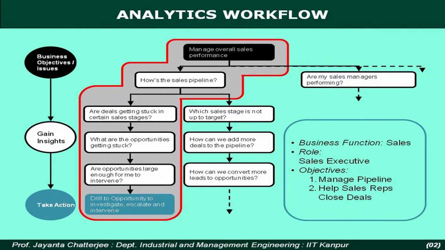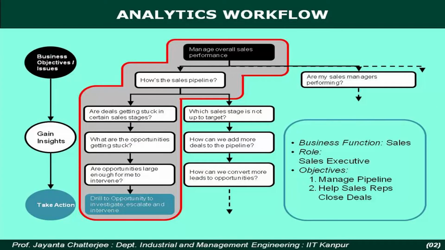Are deals getting stuck in certain sales stages? Which sales stage is not up to the target? What kind of product opportunities are getting stuck? Also, the top management can decide whether it is something that needs intervention, and then the sales manager or the vice president or the president should have the opportunity to drill down into the details of why certain things are happening.